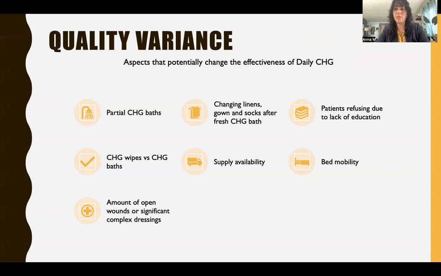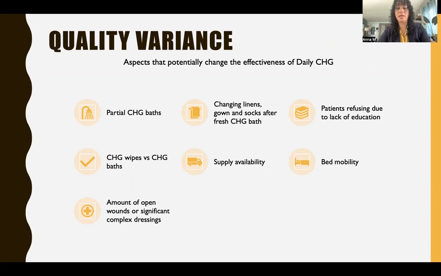Along with supply availability, it includes teamwork and personnel available for those who may have devices attached to them, significant wound dressings or open wounds, any fractures. You need more personnel in order to do a full CHG bath. Included or side noted from that would be bed mobility.